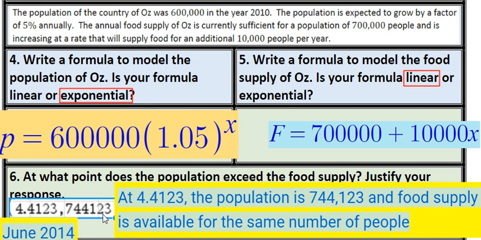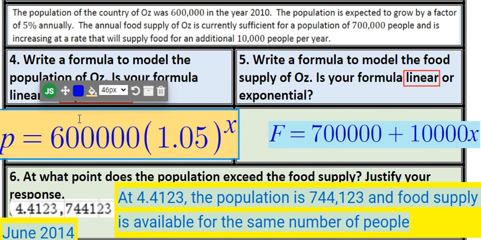So when we think about what that 0.4123 really is, if we convert that to months, what that really tells us is that the country of Oz has enough food to sustain its population until June 2014. 4 years and a little over, right around 5 months.